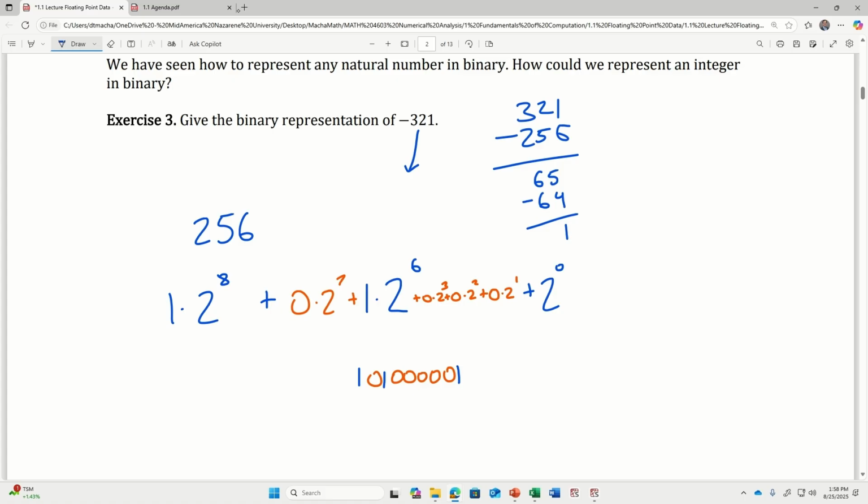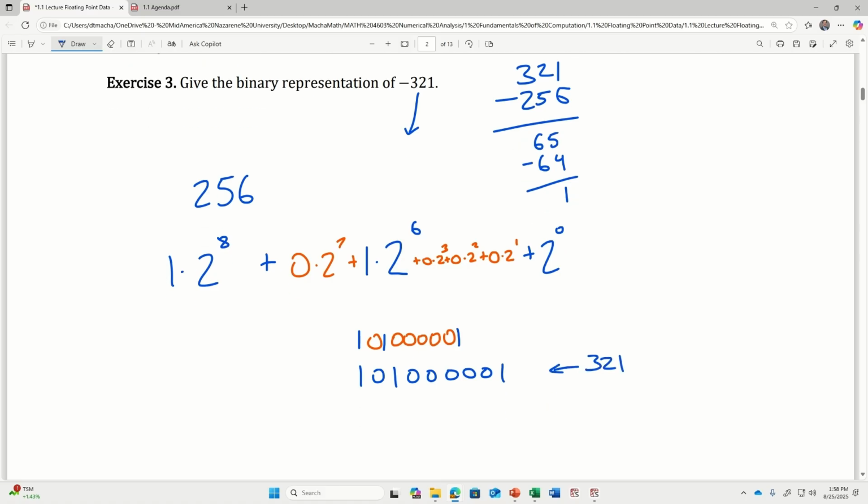So my binary is 1, 0, 1, 0, 0, 0, 0, 0, 1. That's the number 321. What if I want to make this negative? Because right now this is just positive 321.